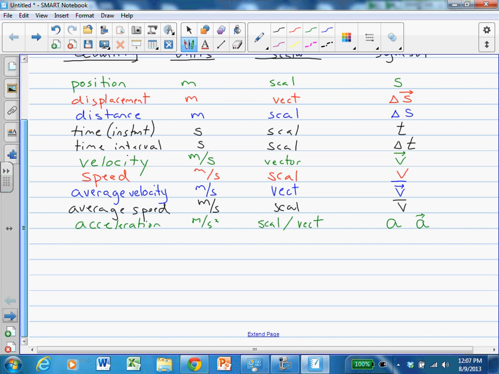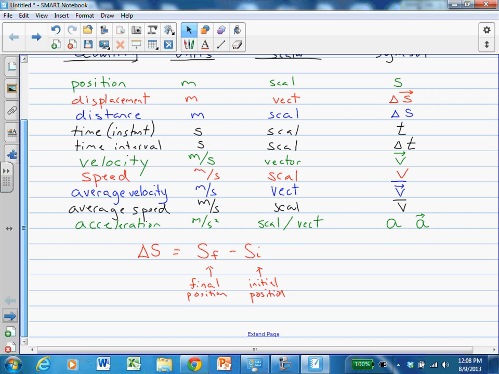Now, the other thing you see a lot is change in something, like the change in position that we have written up there. This is sf minus si. The subscript f means final position minus the initial position. That gives us our change in position, or our distance, or the vector version from start to end would be the displacement.